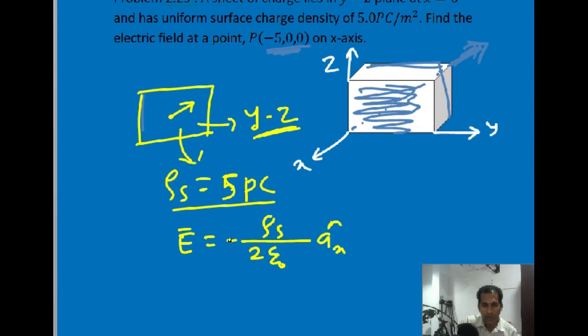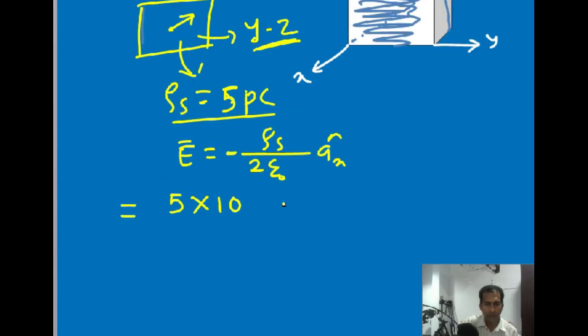Now Ax cap is in the negative direction, so we can take minus here. So directly we can keep the values. We have been given rho s as 5 into 10 to the power minus 12.